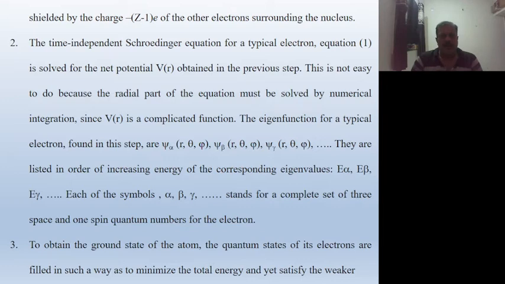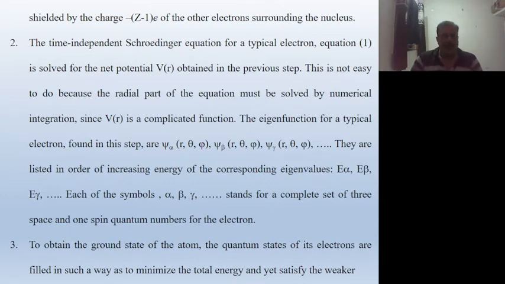This is not easy to do because the radial part of the equation must be solved by numerical integration, since V of r is a complicated function. The eigenfunctions for a typical electron found in this step are psi alpha of r, theta, phi, psi beta of r, theta, phi and psi gamma of r, theta, phi and so on.